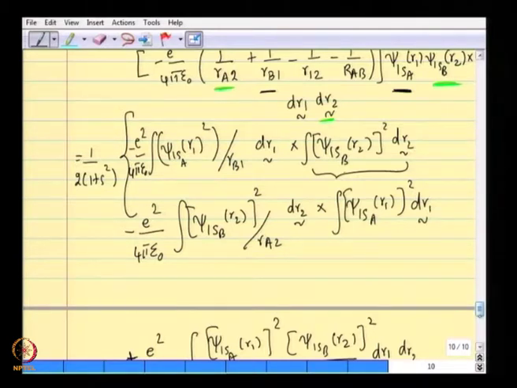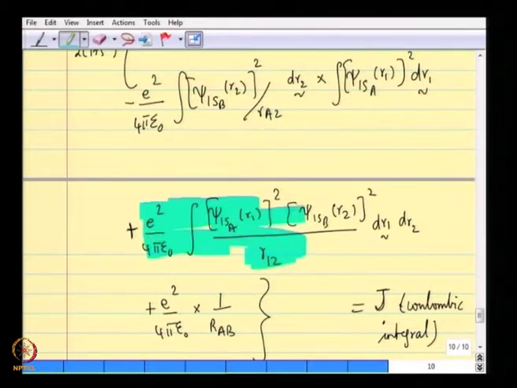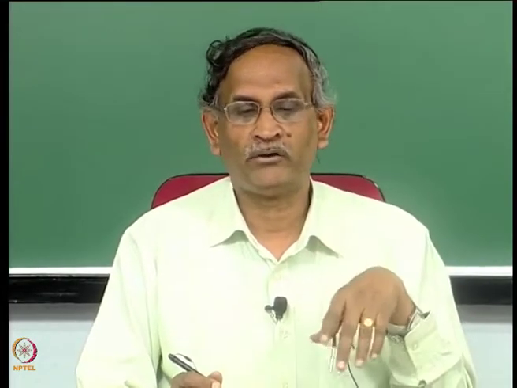But what is new here is this additional term, the electron-electron repulsion, which we now have to carefully evaluate. You see that it is centered on two different nuclei, A and B, and also it is a 2 electron repulsion integral. So it is a 2 center 2 electron repulsion integral. This requires a bit of time, and I will not do that.